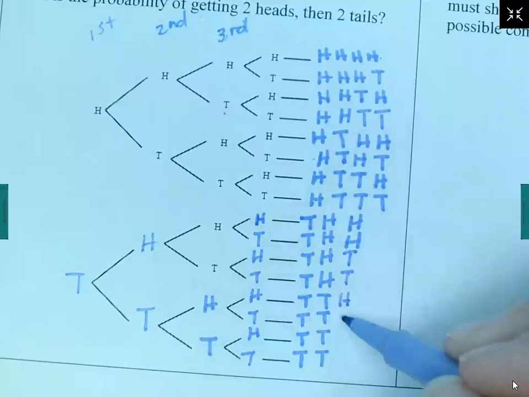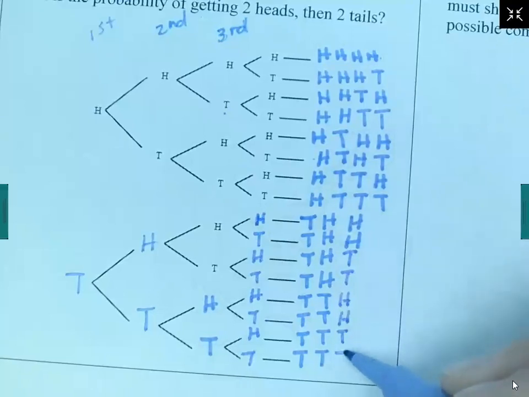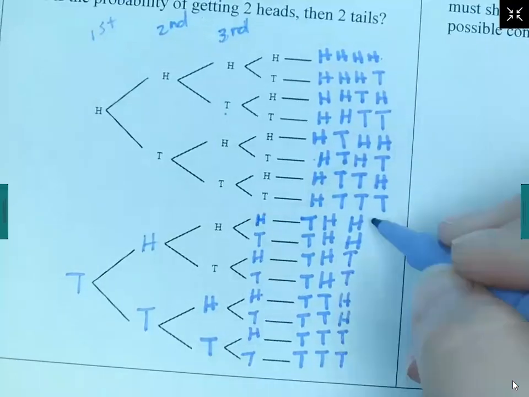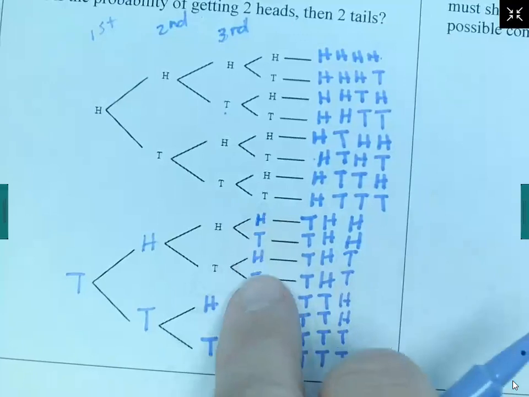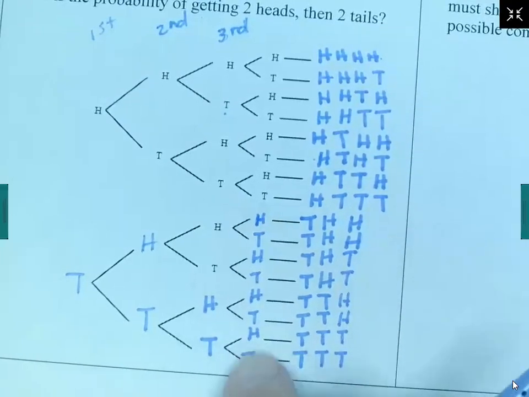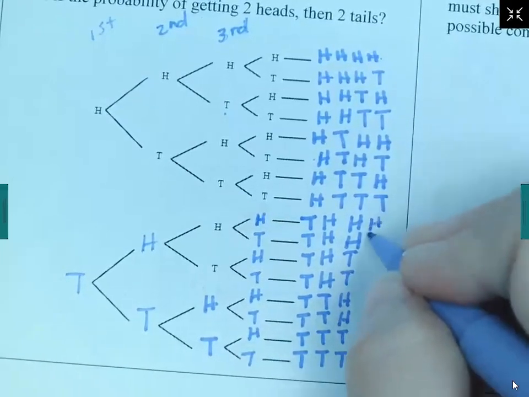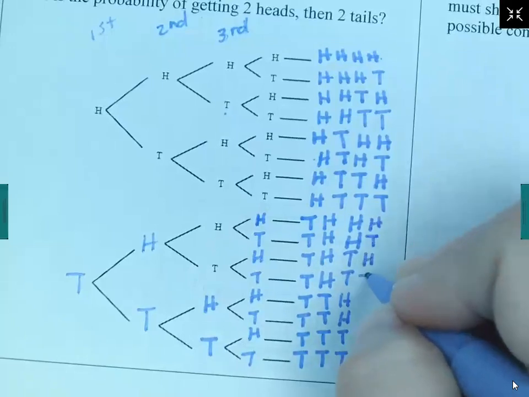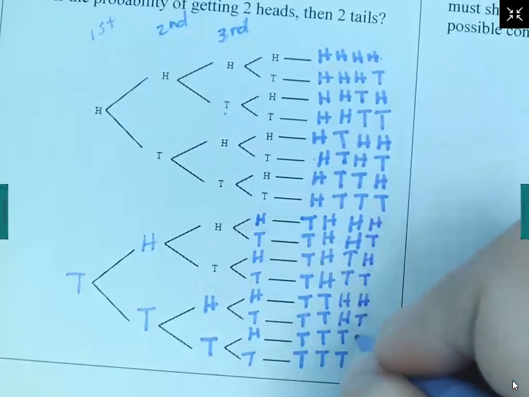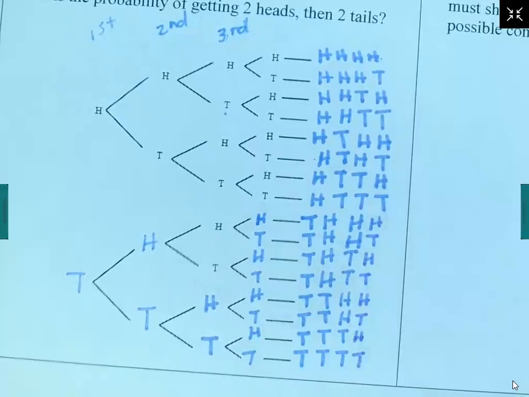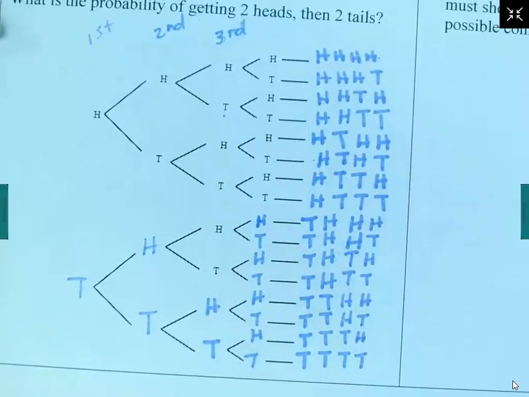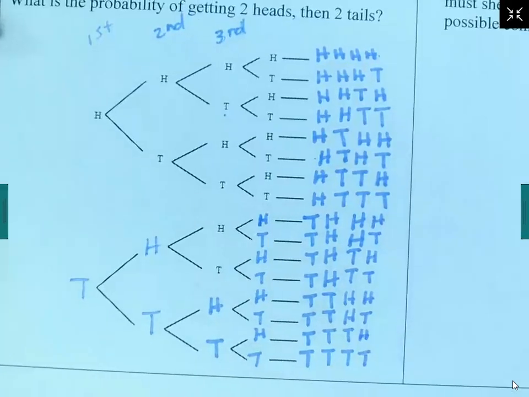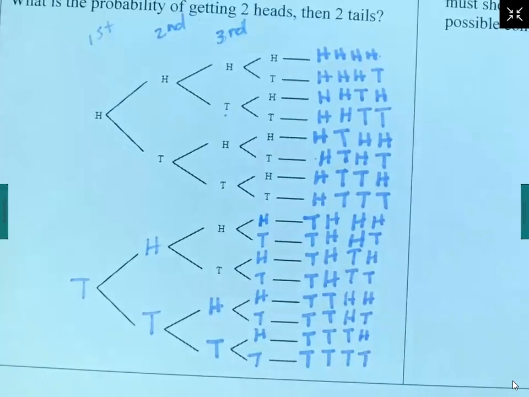So this will be H, H, T, T, H, H, T, T. And for the last letter, what do we write? HT, HT, HT, HT. It's a big list. Yes.